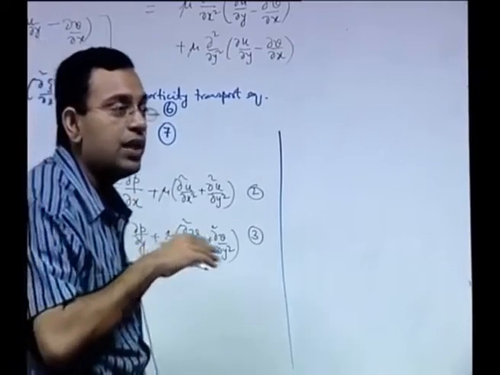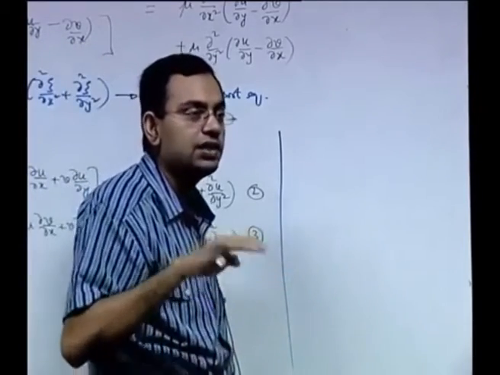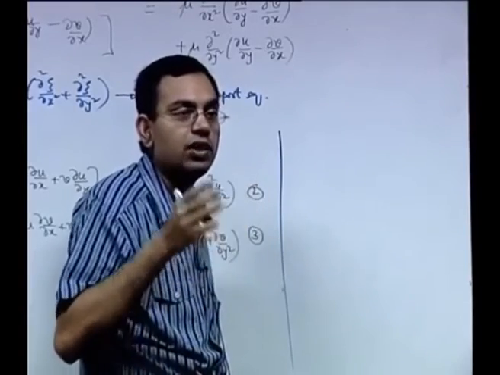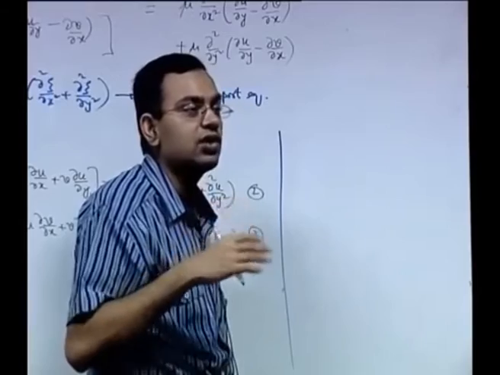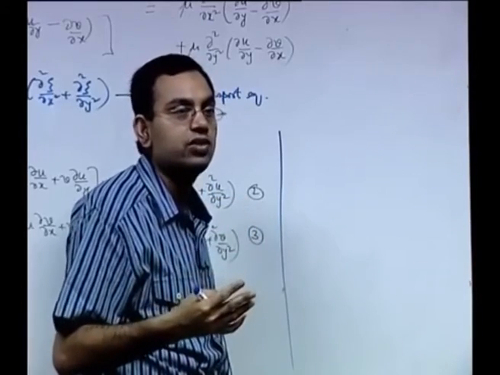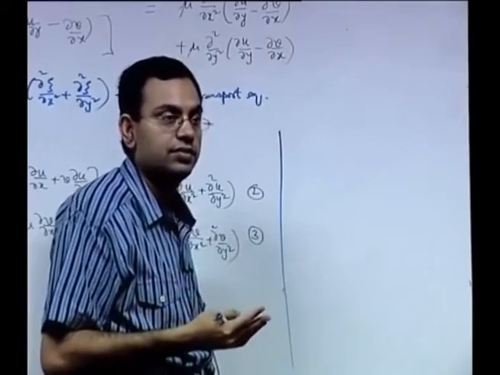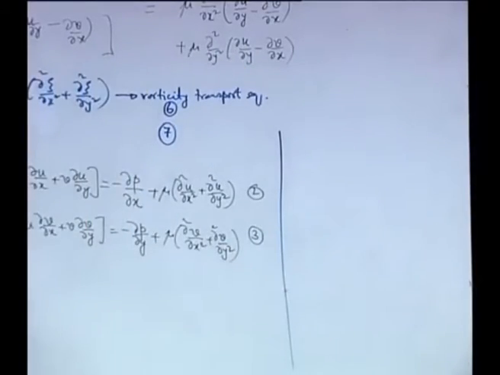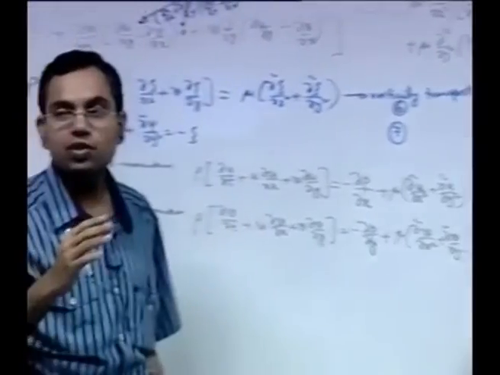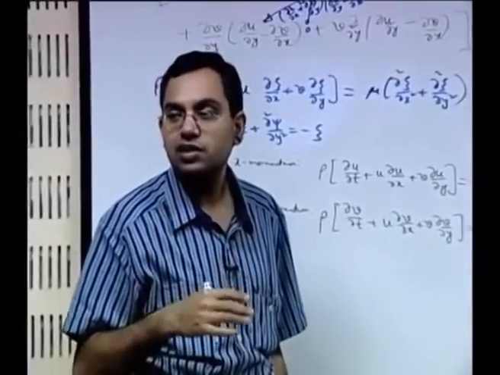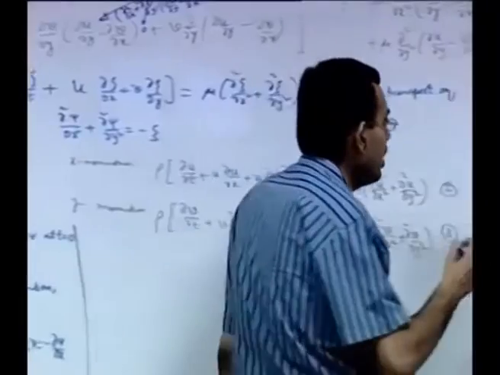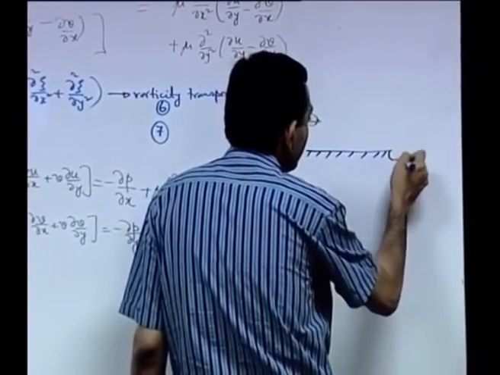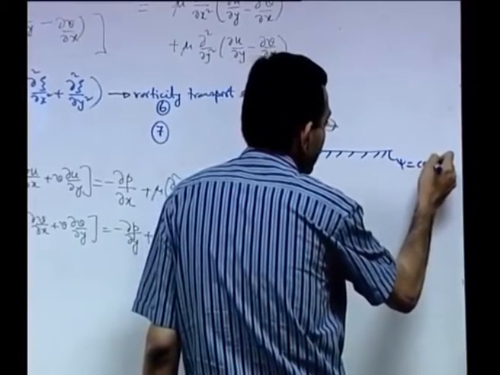When you have an impenetrable solid boundary, by the no penetration boundary condition there is no flow perpendicular to the solid boundary, and therefore the solid boundary acts like a streamline. So it will have a particular value of the stream function, because we know that the stream function is constant along a streamline. So if you have a solid boundary like this, you can call it psi equal to constant.